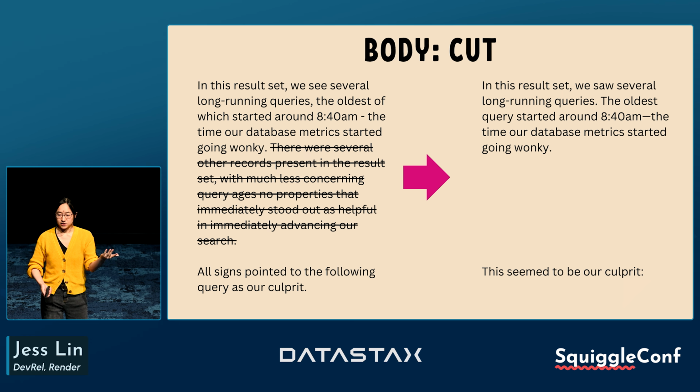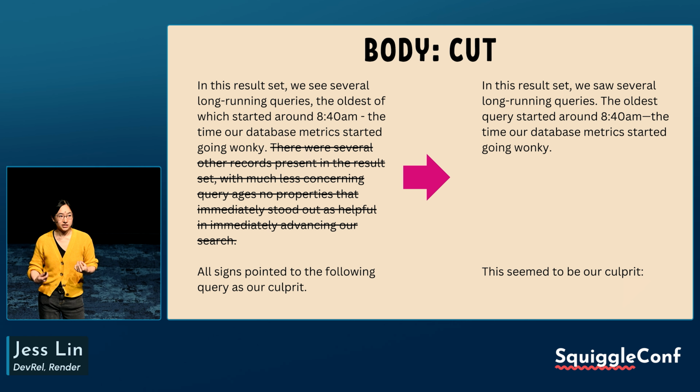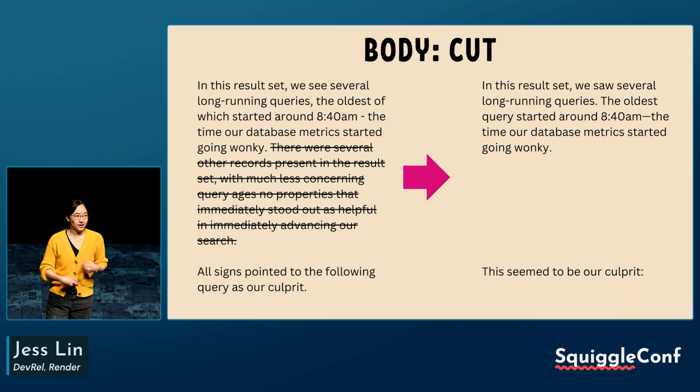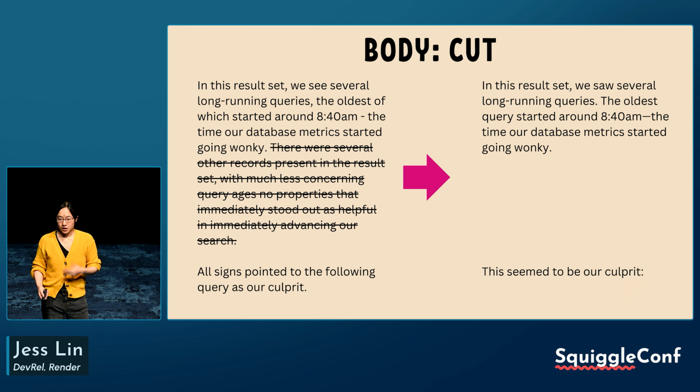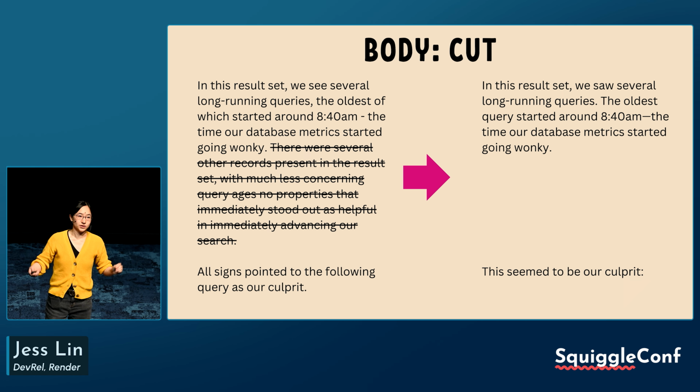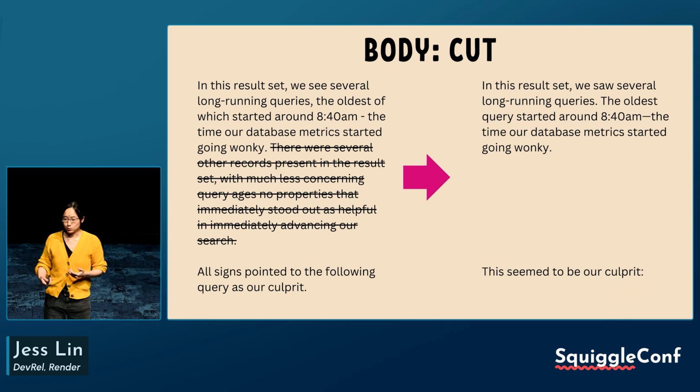You can see I just removed an entire sentence that really didn't add much to the story and didn't really add much information either. Like a smart reader could just figure this out. Right under that, you can see we could just shorten individual sentences. So all signs pointed to the following query as our culprit. This seemed to be our culprit.